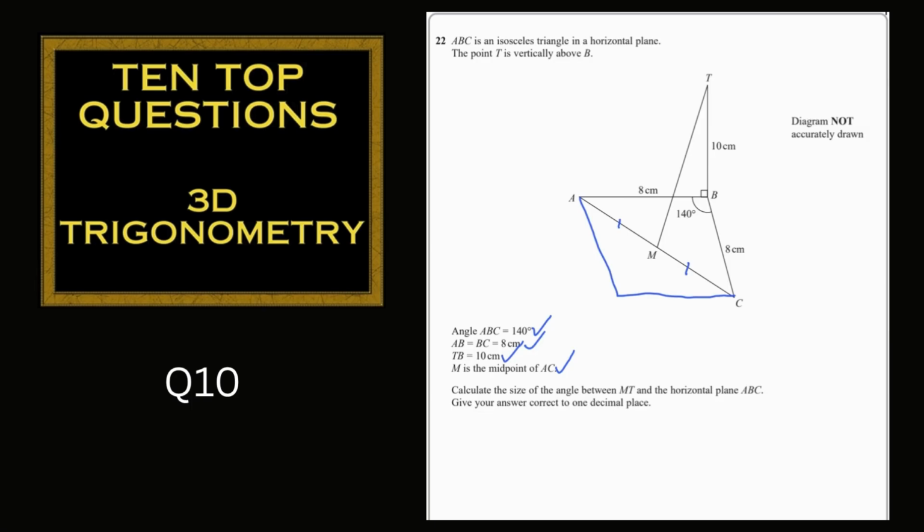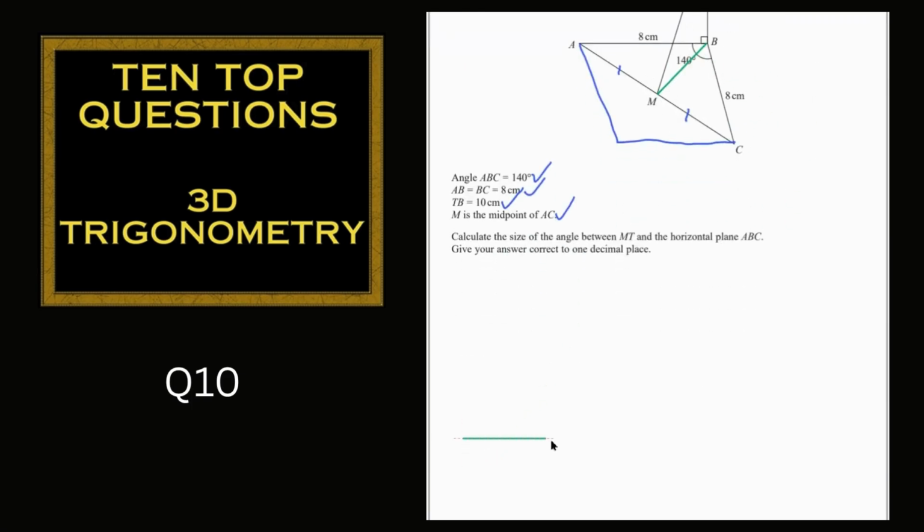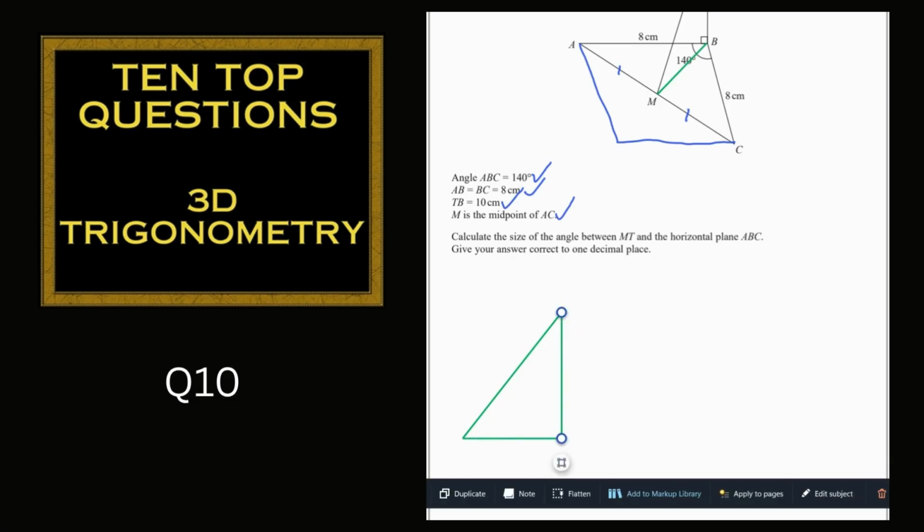Calculate the size of the angle between MT and the horizontal plane. As always, the shadow that would be cast if we shone a torch from above gives us this triangle here. Let's make a sketch. That's the triangle we're interested in.